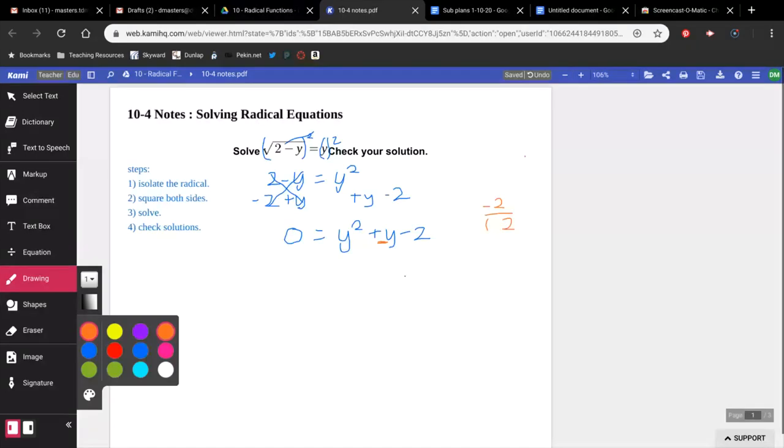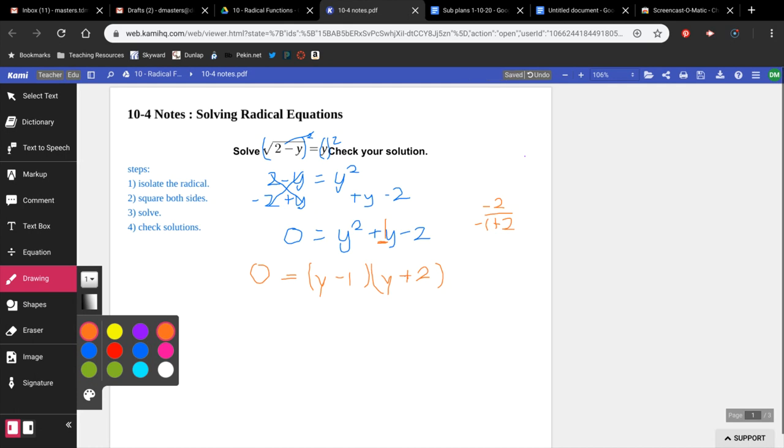But if I want the 1, when I add those up, I want it to be +1. So then that should mean that the 2 should be positive and the 1 should be negative. So I'm going to make my 2 sets of parentheses here, and each one's going to get a y. And then I'm going to put -1 and +2, and that equals 0.